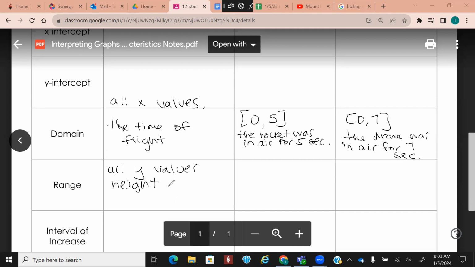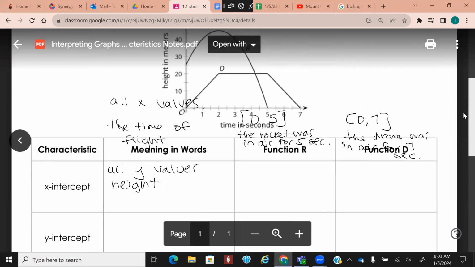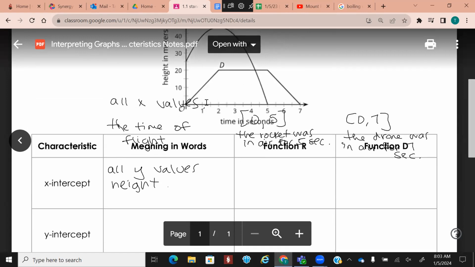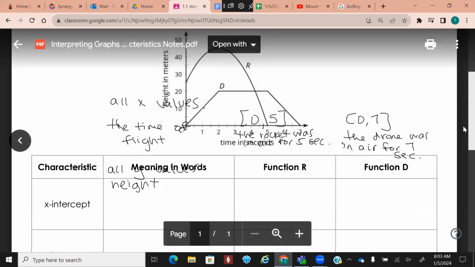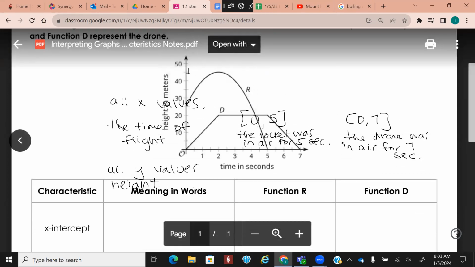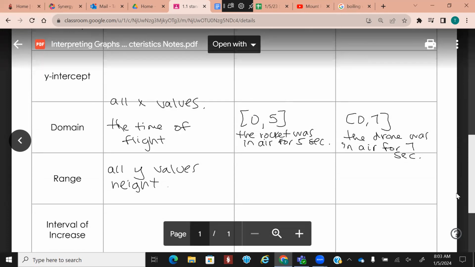So we're looking at the lowest point that it's in the air to the highest point that it's in the air. Looking at our graph, how low does the rocket go? Does it touch the ground? Yes, so that's 0. How high does the rocket get? 45, right? So we're going to say from 0 to 45.